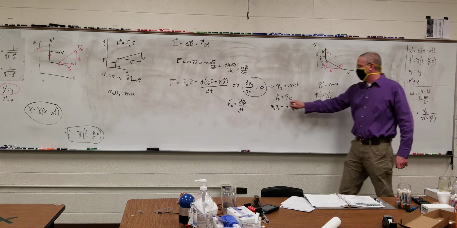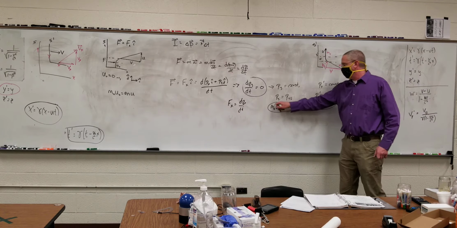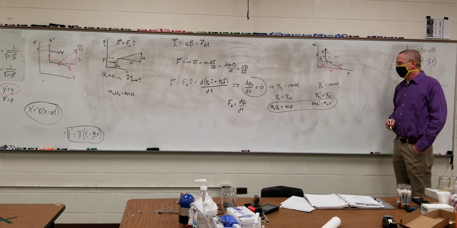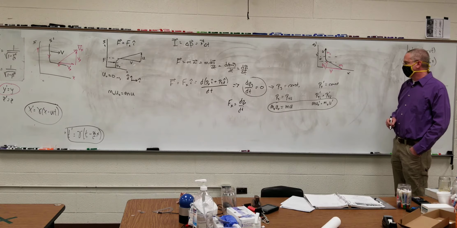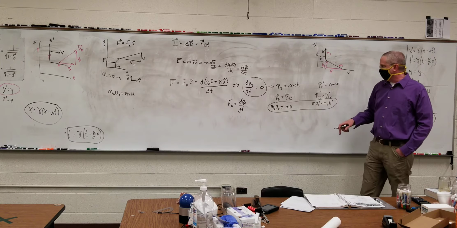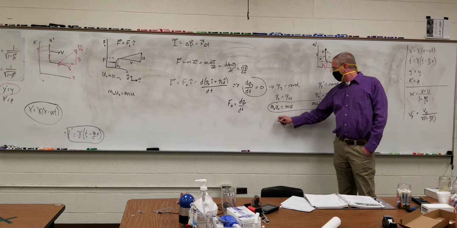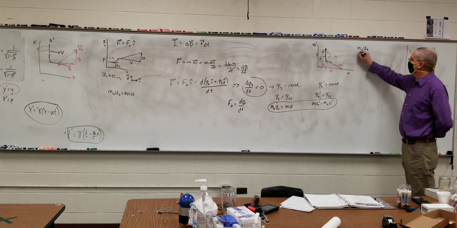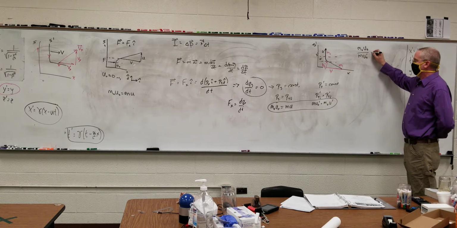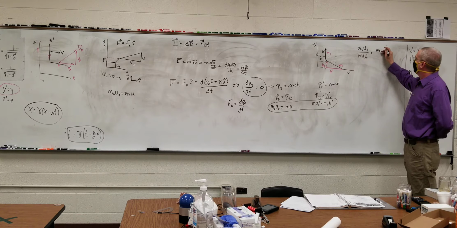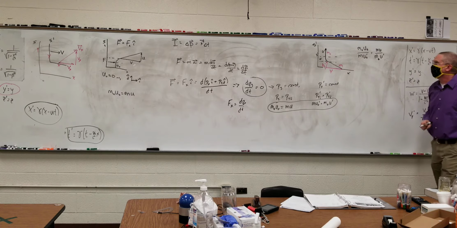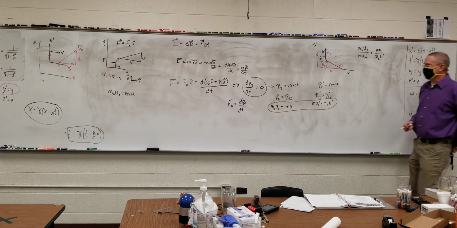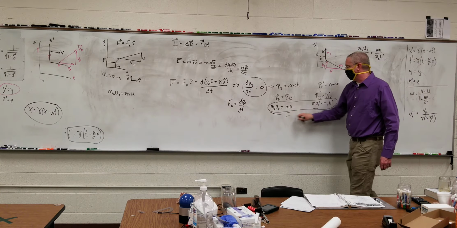So I have these two relationships here. So let's do some dividing. I want to divide left sides and right sides. So I have m naught u naught over m u naught prime equals m u over m naught u prime. So basically divided the left sides and then divided the right sides.